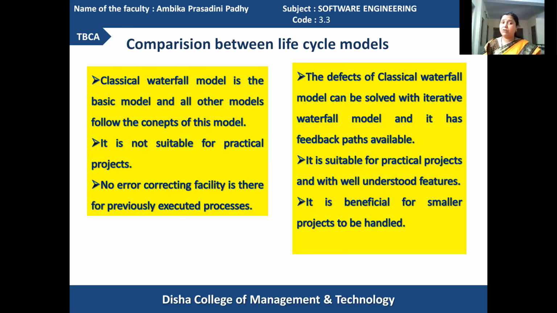When we discussed the classical waterfall model, it is just the concept of all other models. If you want to know about something, some prior knowledge is required. In order to read an intermediate course, either +2 science, arts or commerce, or diploma or degree or whatever it may be, we should have prior knowledge in our brain that from standard 1 to standard 10 we have covered different courses.